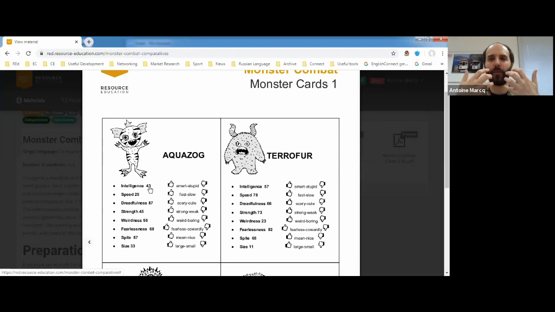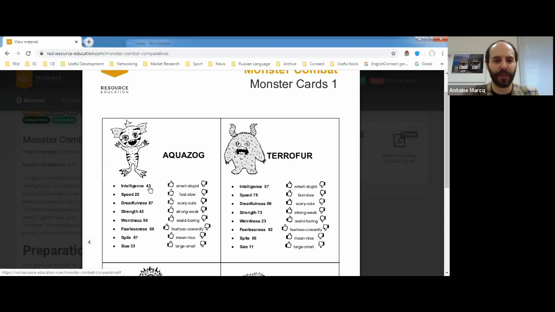What's going to happen is we're going to simply combat two of our monsters in turns. So if it's my turn, for example, I have my pile of monsters, you have your pile of monsters. If it's my turn, I take my first card, and for example, it's Aquazog. You take your first card, and yours is, for example, this one, Terrafer. If it's my turn, I make a sentence.